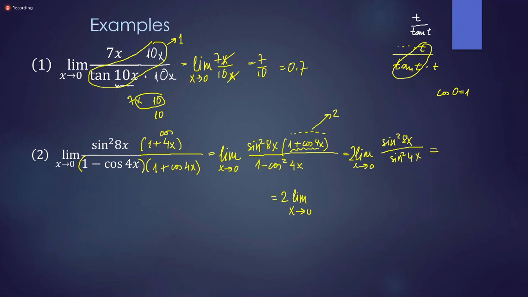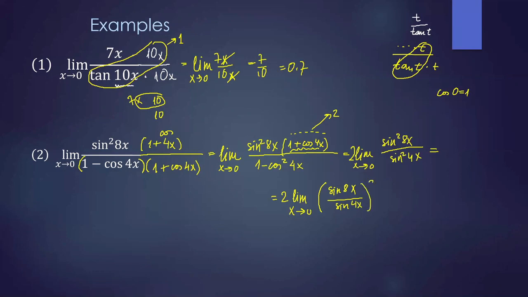Or we could see that if they're both pure squares, square divided by square, I can simply have sine of 8x divided by sine of 4x, squared. And from there, we have a variety of different approaches that we might take.